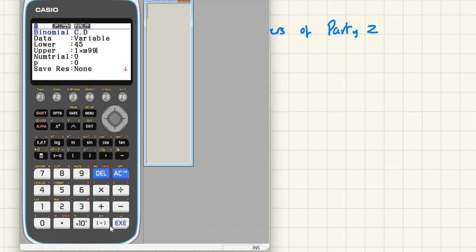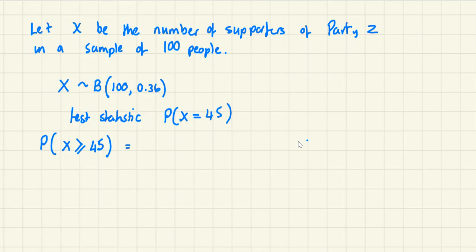Okay. We're going to put the number of trials as 100. The probability is 0.36. Execute, and we get a p-value of 0.0397.